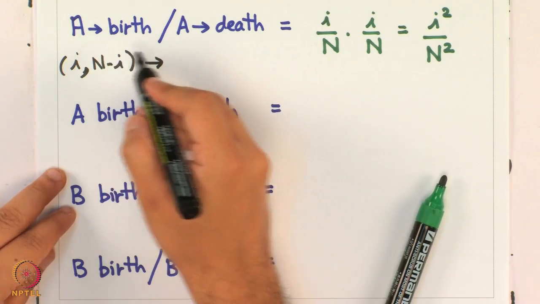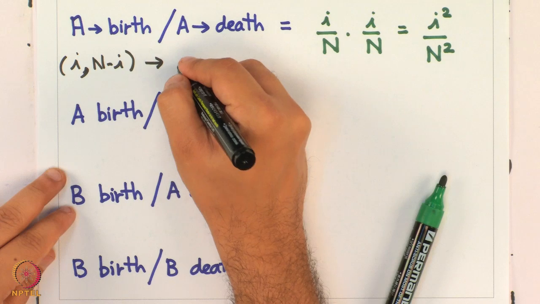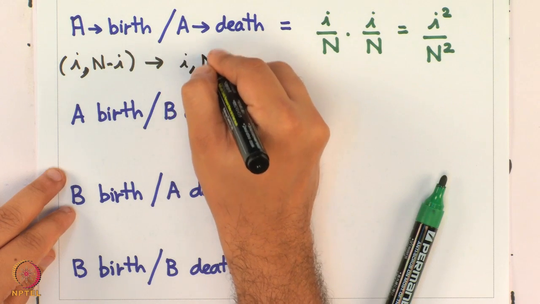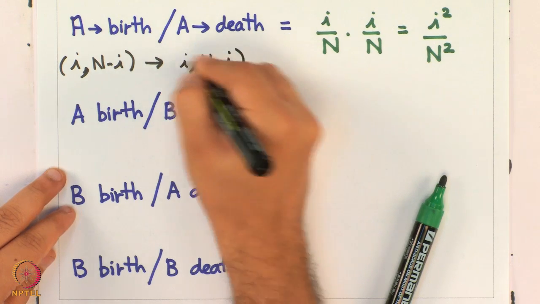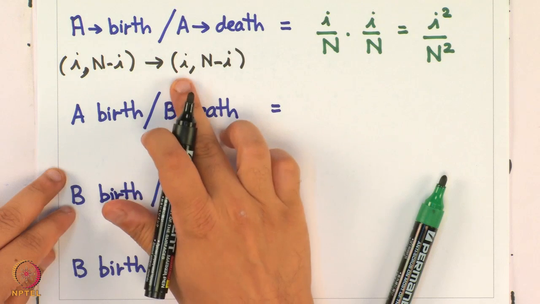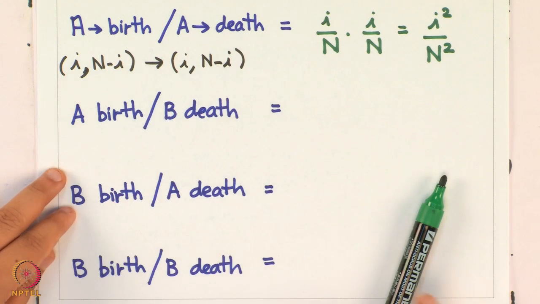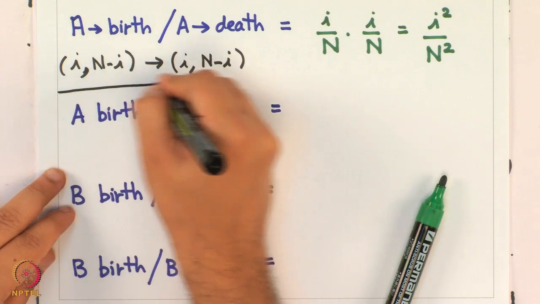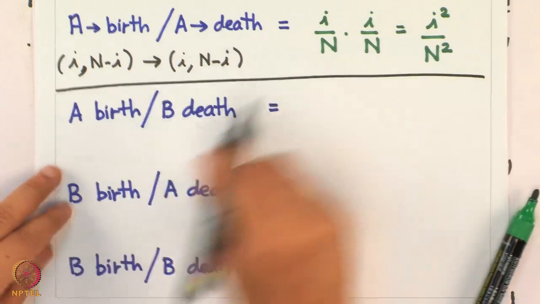So if A gets chosen for birth as well as death, the state of the system does not change. I am still going to be left with i individuals of genotype A and n minus i individuals of genotype B. Okay. So that's one of the 4 possibilities that can happen with the system.